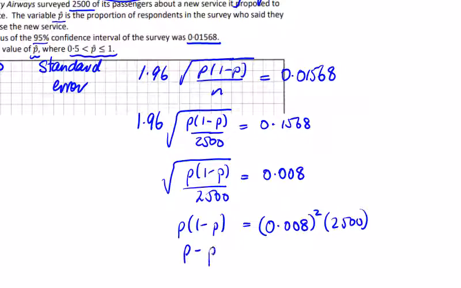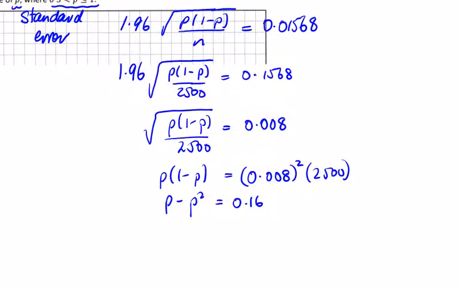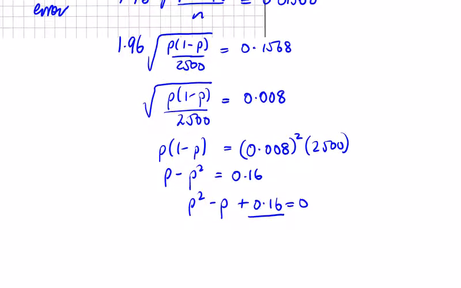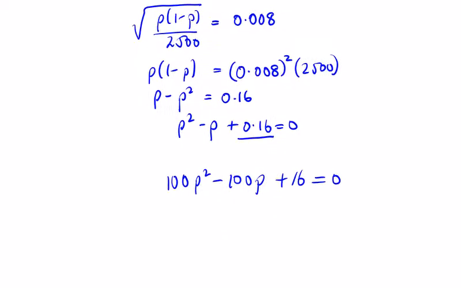P minus P squared is equal to this guy here, all multiplied out, 0.16. So if I bring P squared minus P to the right plus 0.16, and if I multiply by 100, it should factorize. These should factorize in these questions, so I'd always check the factorization first. Plus 16, 100p squared looks like 10p times 10p.